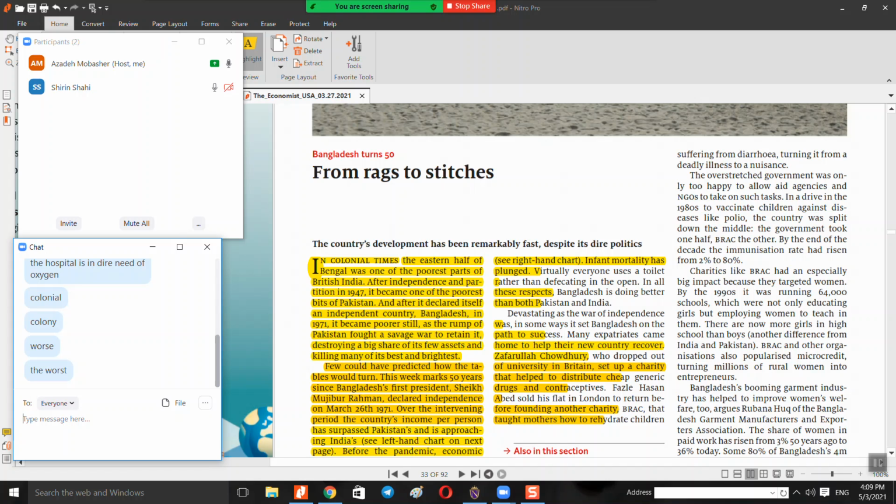As the rump of Pakistan fought a savage war. What does rump mean in here? Rump of Pakistan. A piece of Pakistan. Very good. But what piece? Can we call any piece of something a rump? The rump of Pakistan fought a savage war to retain it.